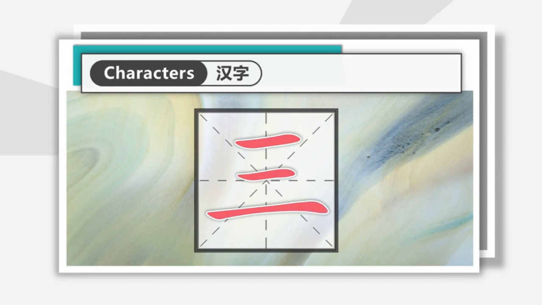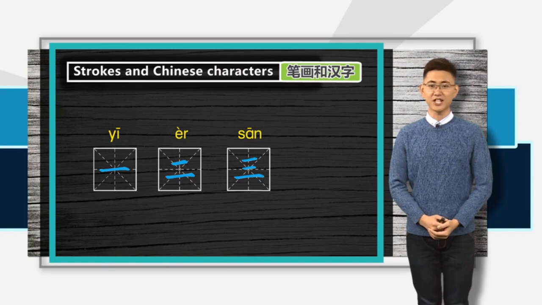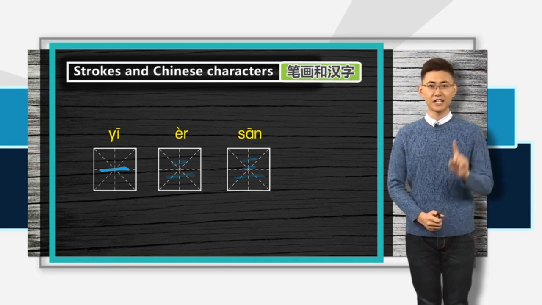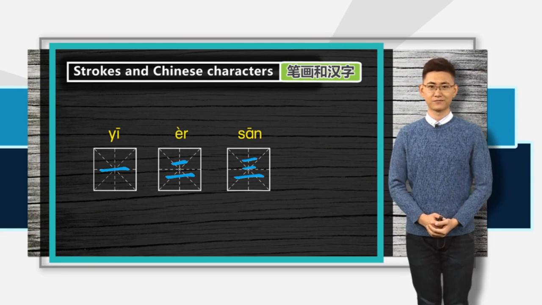The top horizontal is short, and the middle one is even shorter. The bottom one is the longest. So, 1, 2, 3 in Chinese are 一, 二, 三. All of them are made up of horizontals.